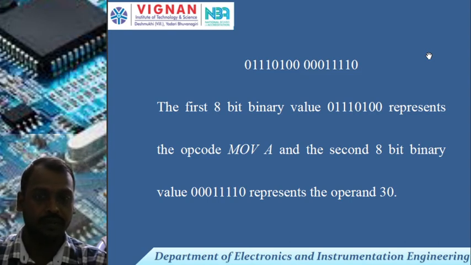Add ax comma bx means ax plus bx, 2 plus 3 is 5, and the value 5 is stored in the accumulator. Here add ax is the opcode and the operand is bx, so the data is added with the accumulator, and the result is stored in the accumulator.